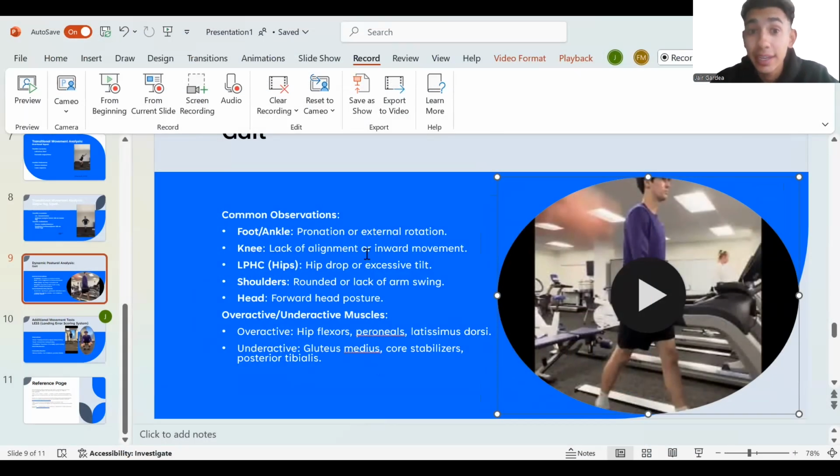Hello, I am Jair, and I will be going over the walking gait in this presentation. Some common observations that we'll be looking for: for an ankle, do you see pronation or external rotation? We're going to look at knee alignment: is there a lack of alignment in the knee or inward movement, which I think we do see in this video.